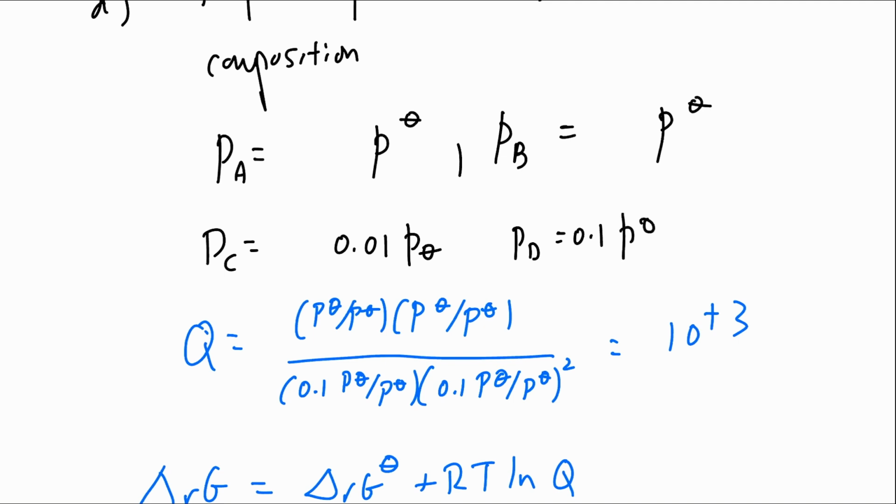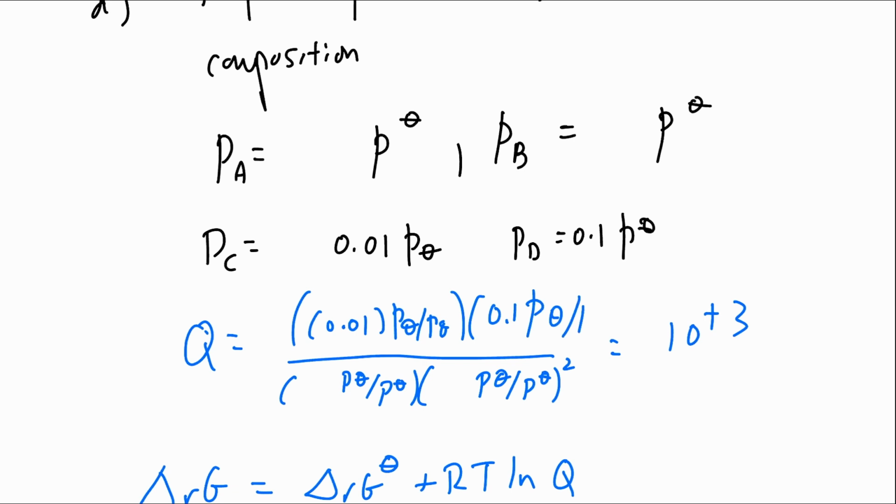0.1 P naught. And then we get rid of these down here. And then we have, let's just get rid of the top. 0.01 P theta over P theta. 0.1 P theta over P theta, whatever that is.